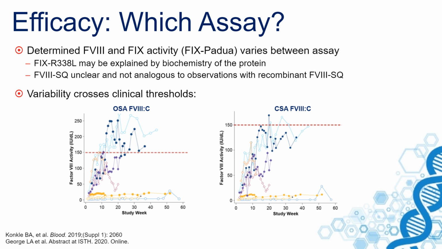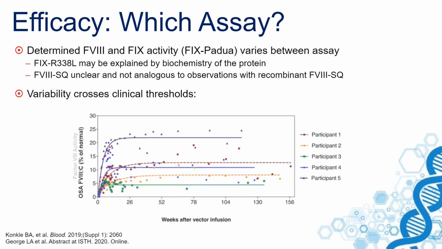And then on the lower end of expression, if you look at one-stage factor activity over time, you can see these men are anywhere from roughly 5 to 20% levels of expression. And then, of course, if you use the chromogenic assay where the levels would be observed to be lower, you'd be crossing therapeutic thresholds into the mild and moderate range.